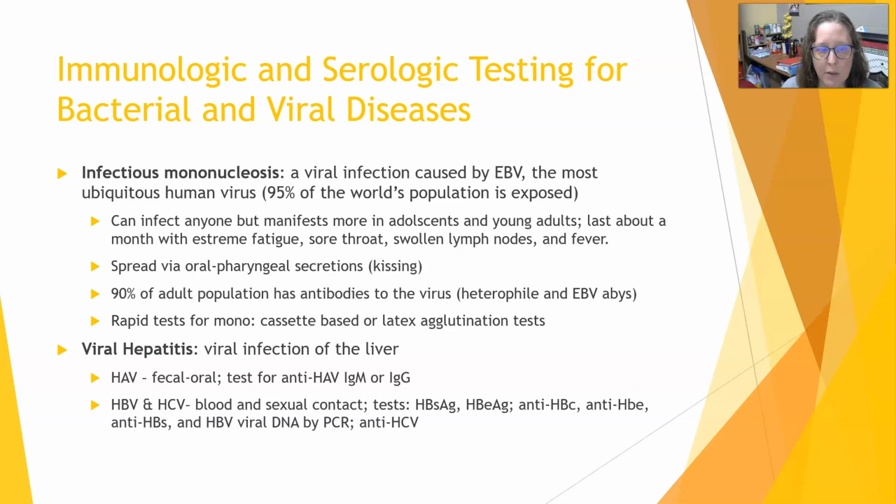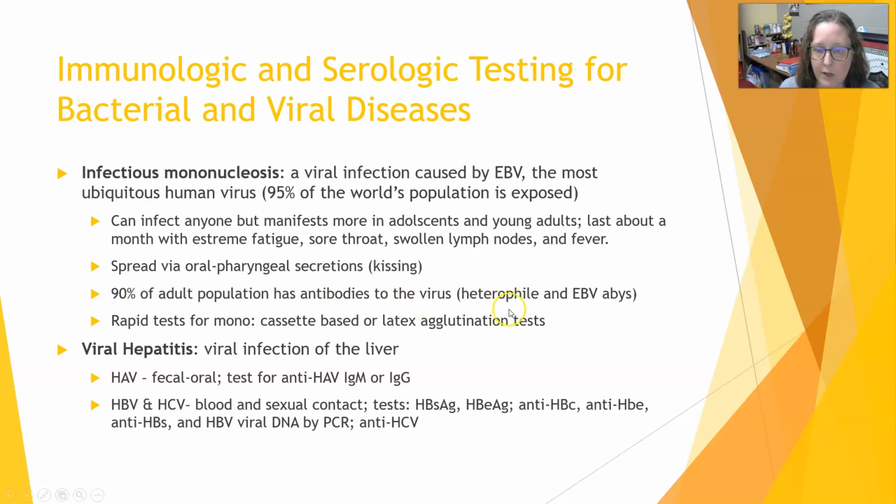It lasts about a month with extreme fatigue, sore throat, swollen lymph nodes, and fever. It is spread via oropharyngeal secretions. So it's called a kissing disease, but it could also be spread by drinking from the same drink as somebody else. 90% of the adult population has antibodies to the virus.